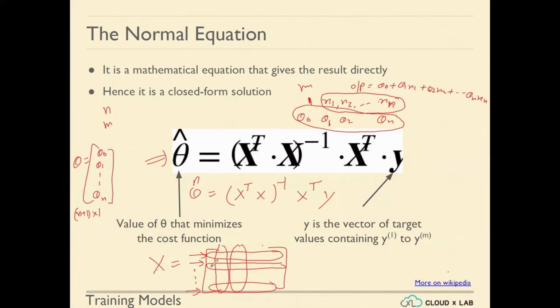So should I add one column or one row? In each input, I will add one, right?